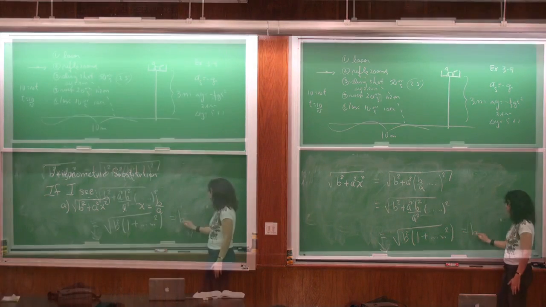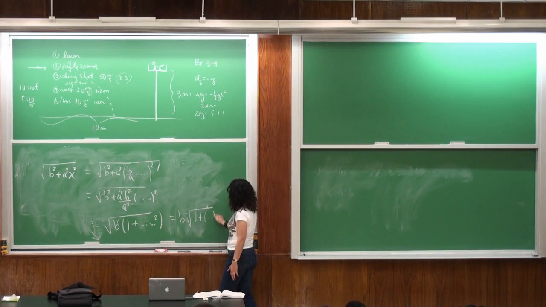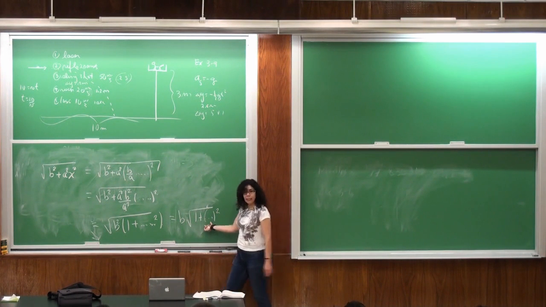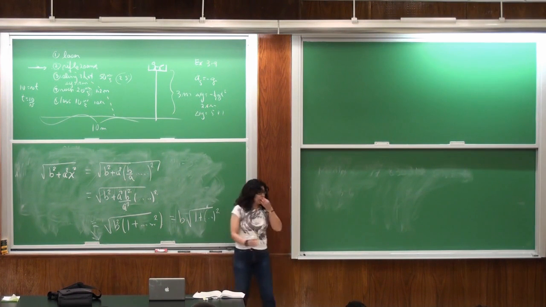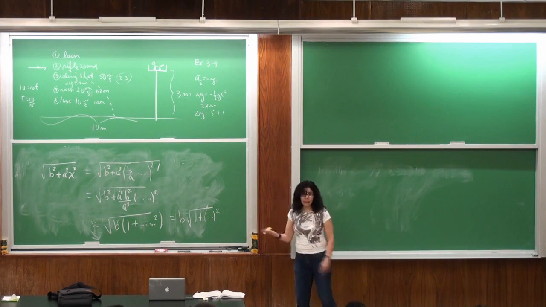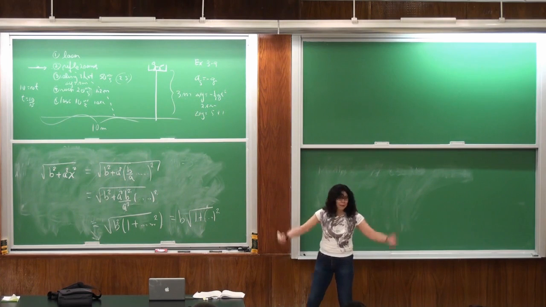So I'm going to have B square root of 1 plus something squared, and I want an identity that lets me get rid of this miserable square root, right? I know that 1 plus tangent squared is equal to secant squared.